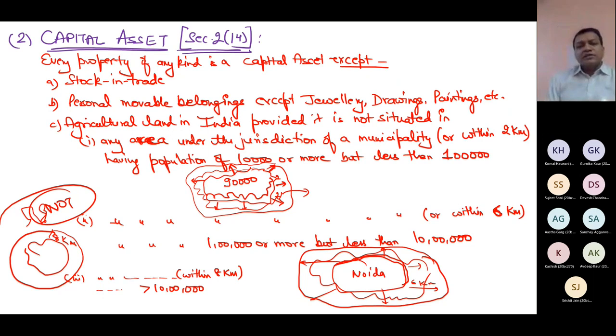So you can say most of the agricultural lands in India are not capital assets except these areas, because technically municipal corporations don't exist in villages. If you have a municipality, that is not a rural area; by default it is an urban area where proper system and structure are there.